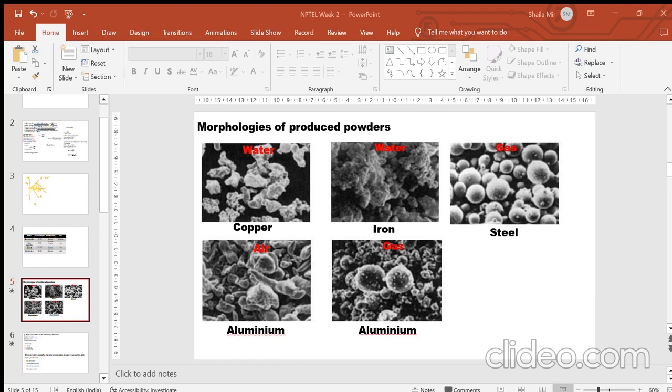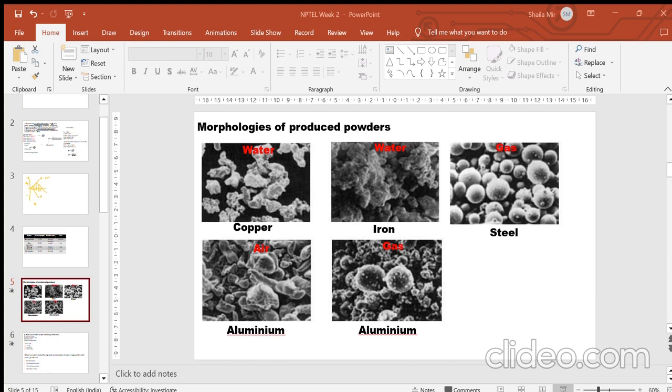Can you tell why? Because one, it is less costly, economical, and air and oxygen may lead to oxidation also. Right, because oxygen and air will oxidize your metal stream, so that will not be suitable for gas atomization; it would be similar to water atomization.